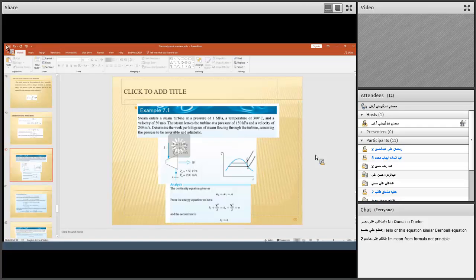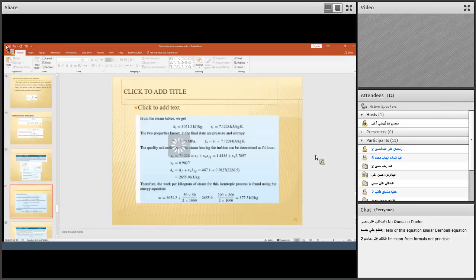At outlet, we only have the pressure, 0.15 megapascal, but the other quantity we know is that the process is isentropic. So entropy at exit equals entropy at inlet. From the inlet condition, we computed the entropy.